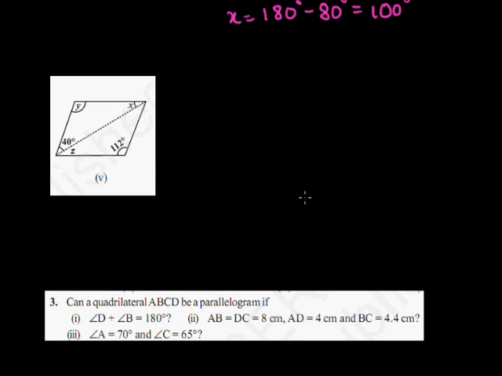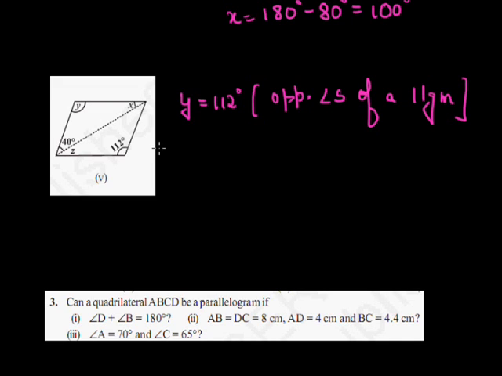Okay, the fifth part. Now in this question, the value of Y will be equal to 112 degree because they are the opposite angles of a parallelogram. Now if I do the naming A, B, C and D, this part will be equal to 40 degree because they are the alternate angles.